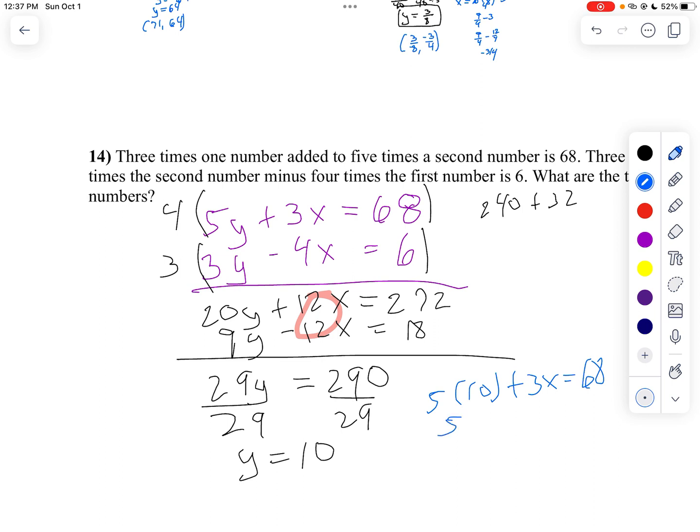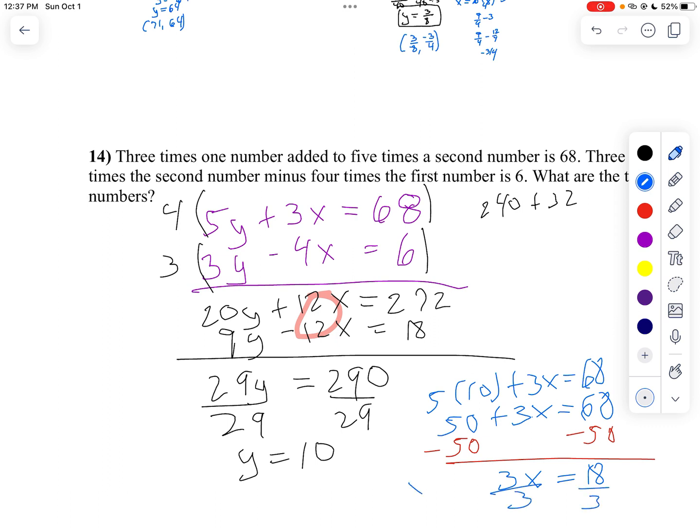So 50 plus 3x equals 68. Subtract 50 from both sides, and we get 3x equals 18. I'll divide both sides by 3, and x is 6. So my two numbers are 6 and 10. And notice they're nice whole numbers. We probably could have solved this just by graphing, but I wanted to go over that with you.